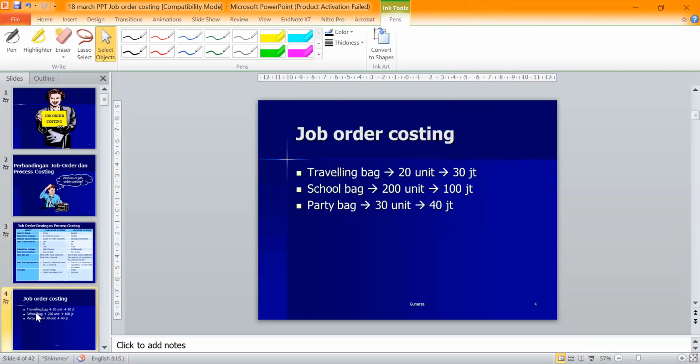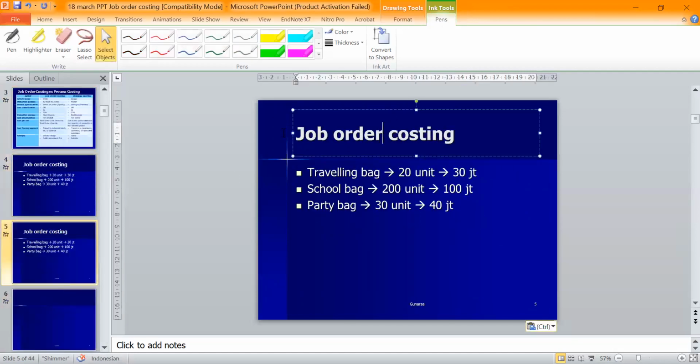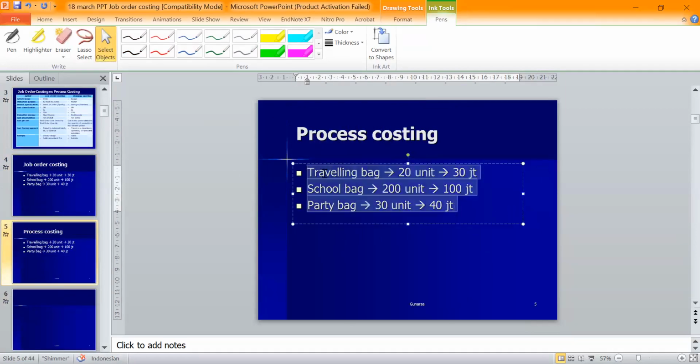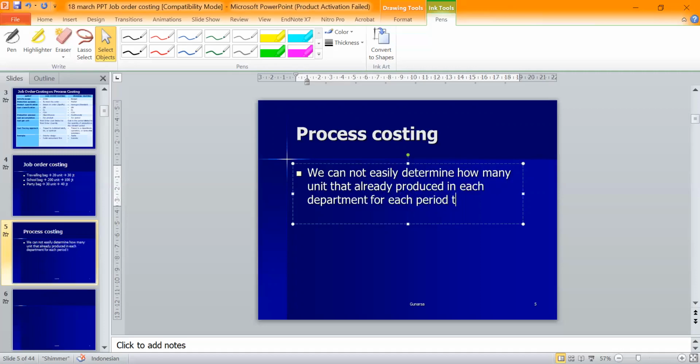So in the process costing, we cannot easily determine how many units have already been produced in each department for each period, because the production process is continuous.